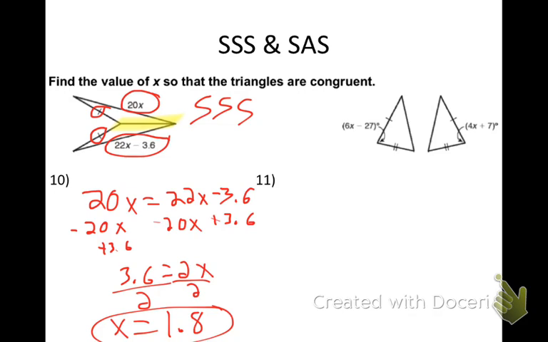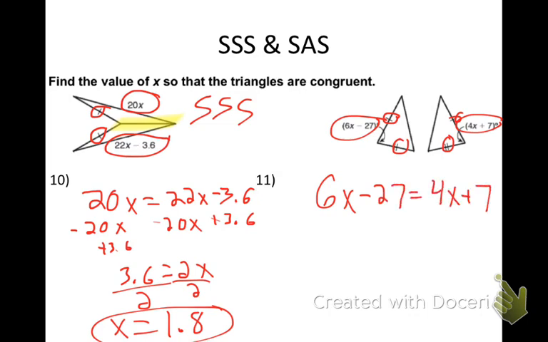Number 11. It gives me some sides that are the same. It wants me to show that the angles are the same. So what are you supposed to do with those angles? Set them equal. 6x minus 27 equals 4x plus 7. So I'd subtract 4x over. Add 27 over. 2x equals 34.